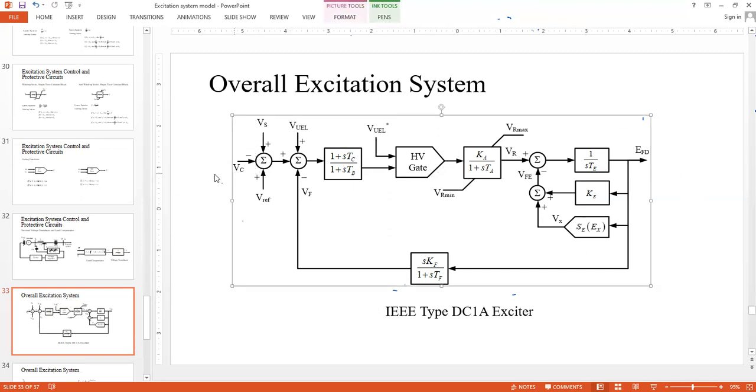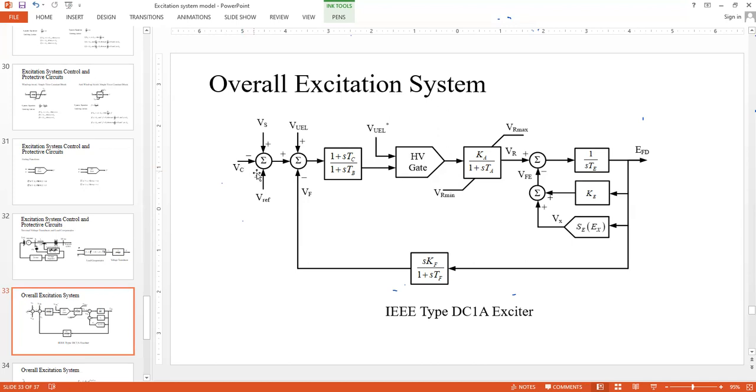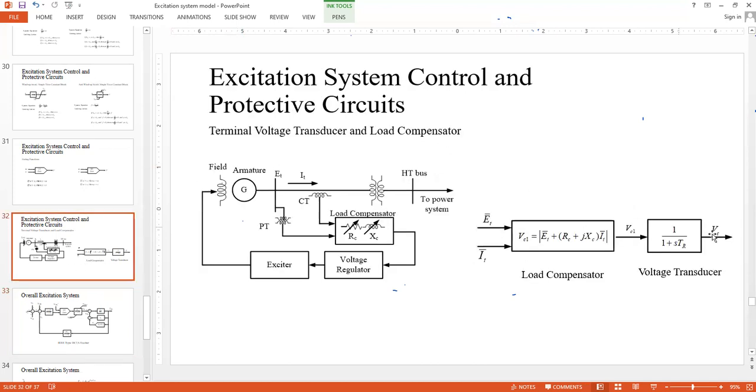So this is the first summing junction, and in the first summing junction, what is VC? VC, as we said, is the output here. So VC could be the output of the transducer if you take some significant value of TR, if you use some non-zero value of RC and XC. But if you neglect RC and XC, if you neglect TR, then VC is simply the terminal voltage.